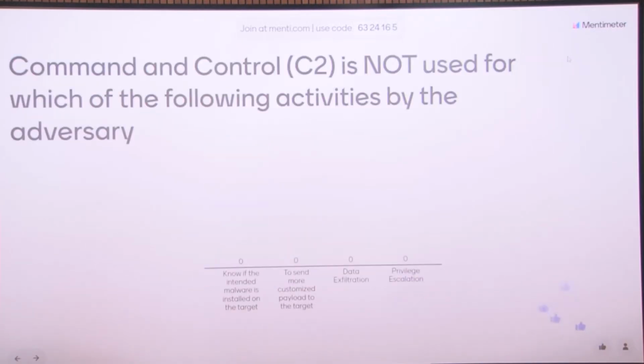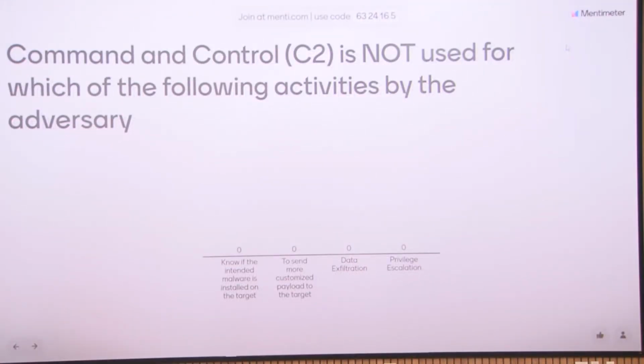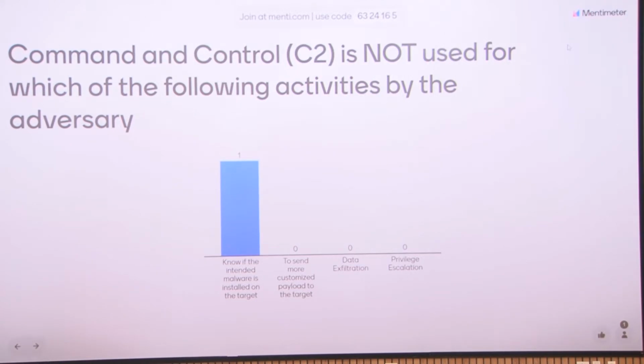So now tell me, the command and control is not used for which of the following activities by the adversary, right? So I have 4 different activities here. Remember, it's not used.